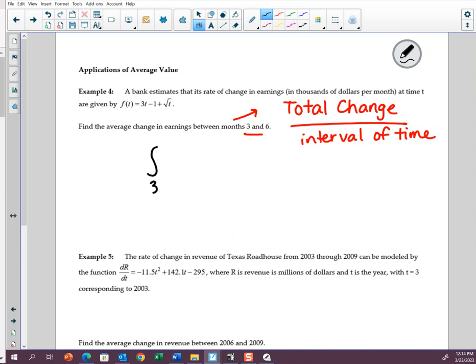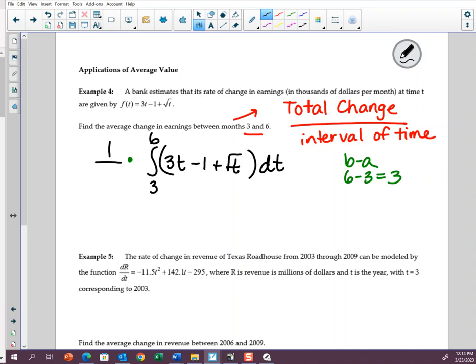So I will calculate the total change between months 3 and 6, and then divide it by 3 months, which is the same as multiplying it by 1 over 6 minus 3, or 1 over 3.